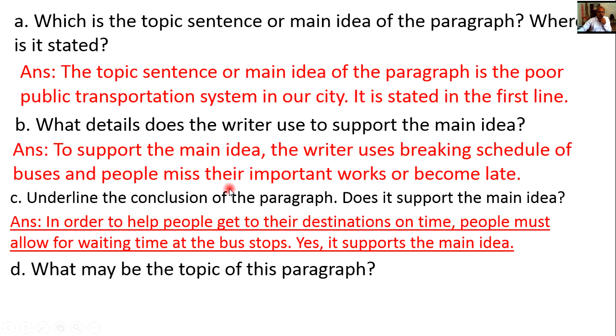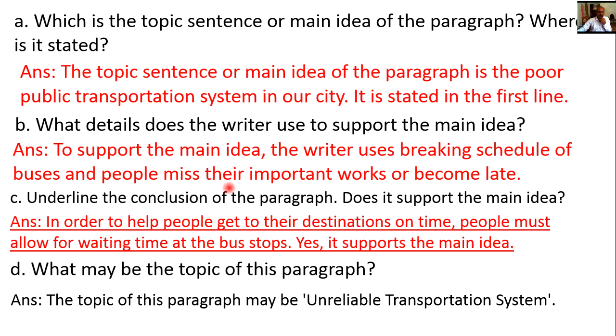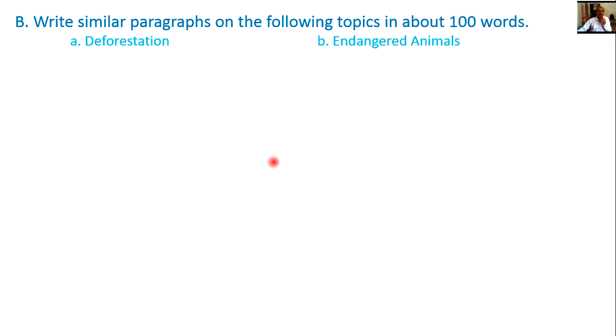Similarly, what may be the topic of the paragraph? The topic of this paragraph may be unreliable transportation system. Now write a similar paragraph on the following topic in about 100 words: deforestation and endangered animals.